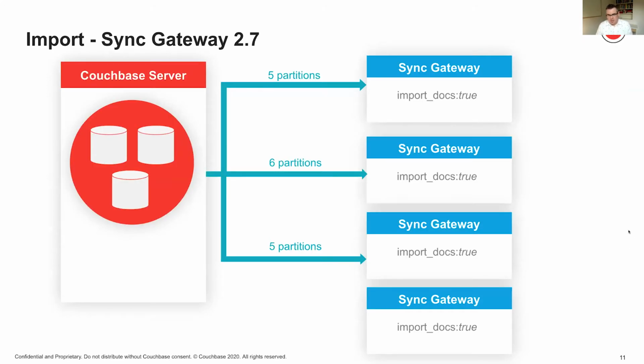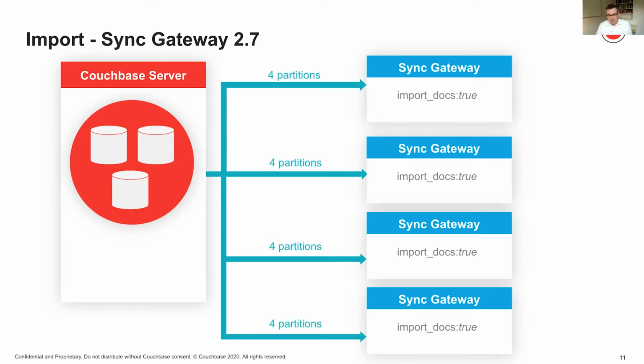So let's imagine a use case where we've got 16 partitions distributed across 3 Sync Gateway nodes, and we want to add another Sync Gateway node in order to increase the amount of import throughput we can support. Once we add that node, it's going to get registered and be assigned partitions.